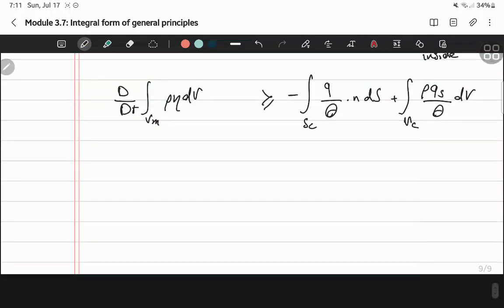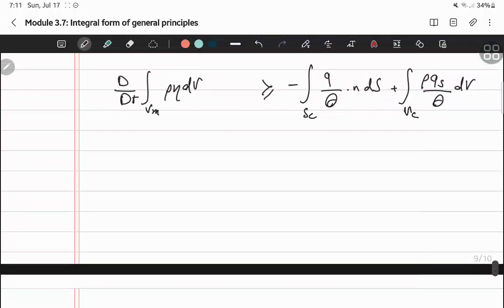So now when Vm is equal to Vc, we can take this derivative inside the integral.